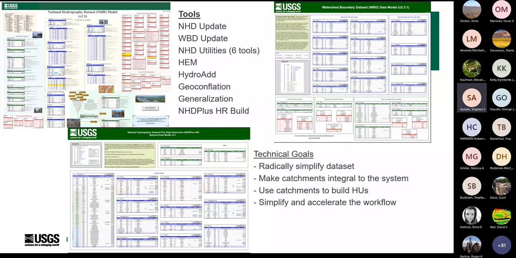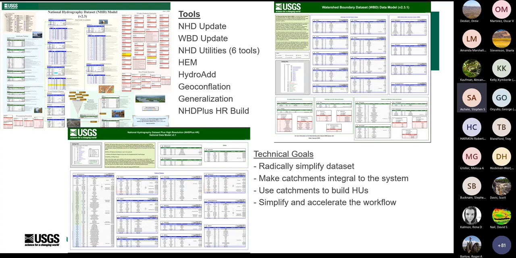But we want to take advantage of the elevation data to make catchments that are really integral to the system, and use those catchments to build the hydrologic units rather than taking the hydrologic units, the WBD, in as a separately delineated data set. Even keeping the pour points synchronized was an ongoing challenge.